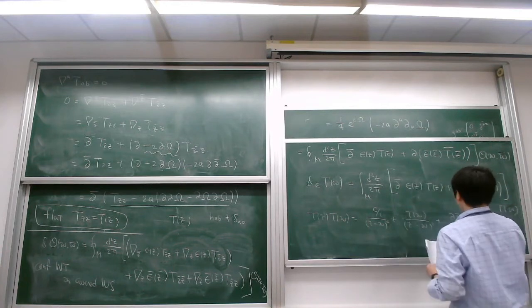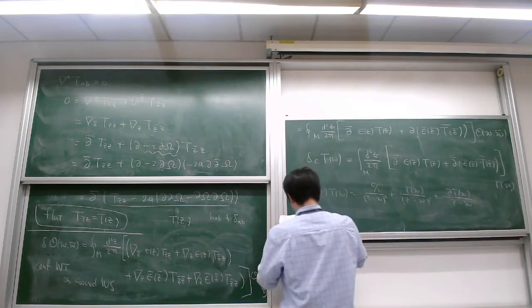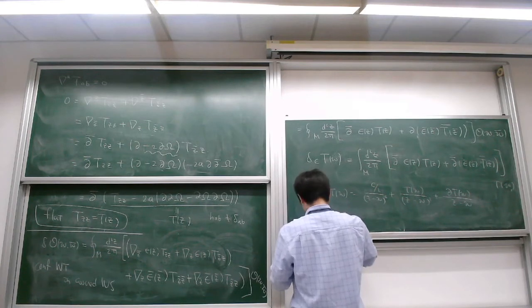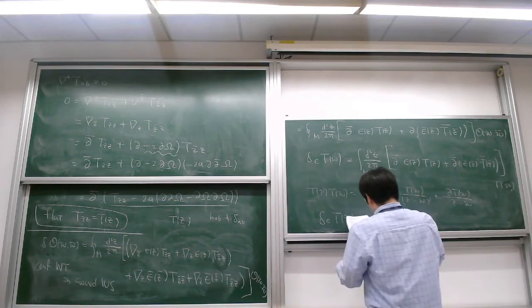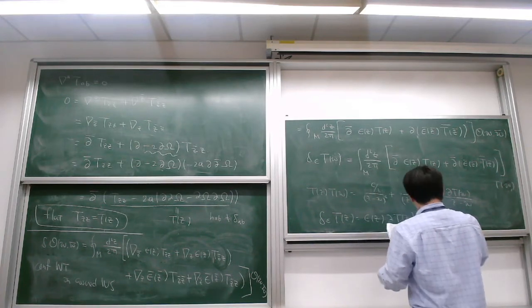Plug into here for the OPE, do the contour integral, and what you obtain is delta epsilon of T_zz is the same as a plug case. So that's what we have seen.